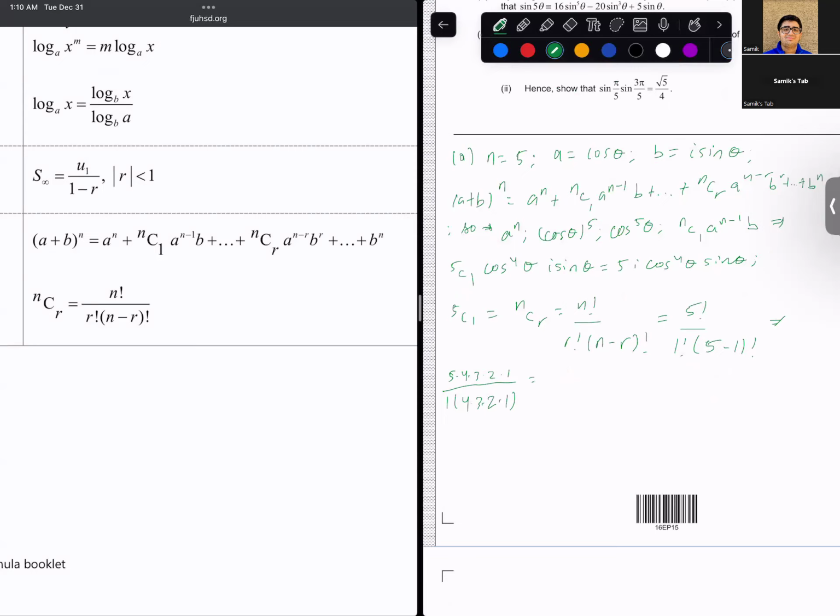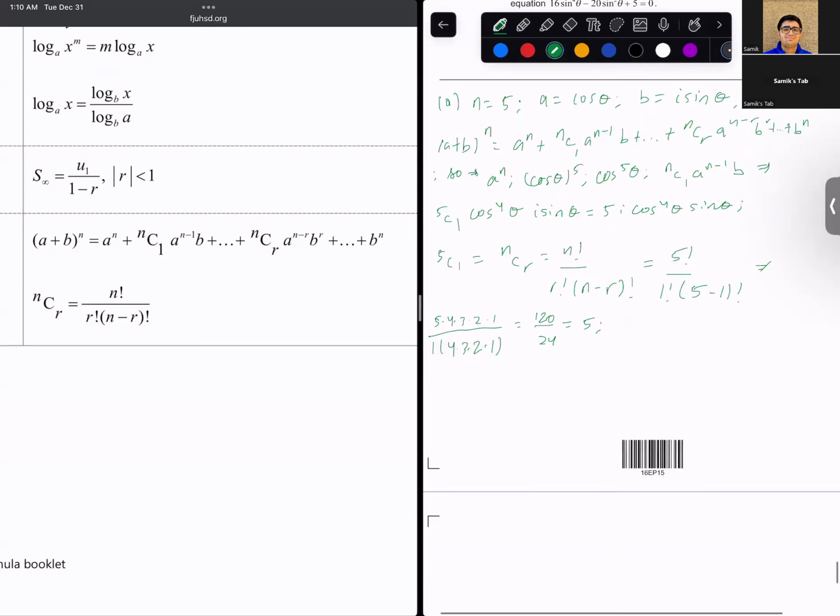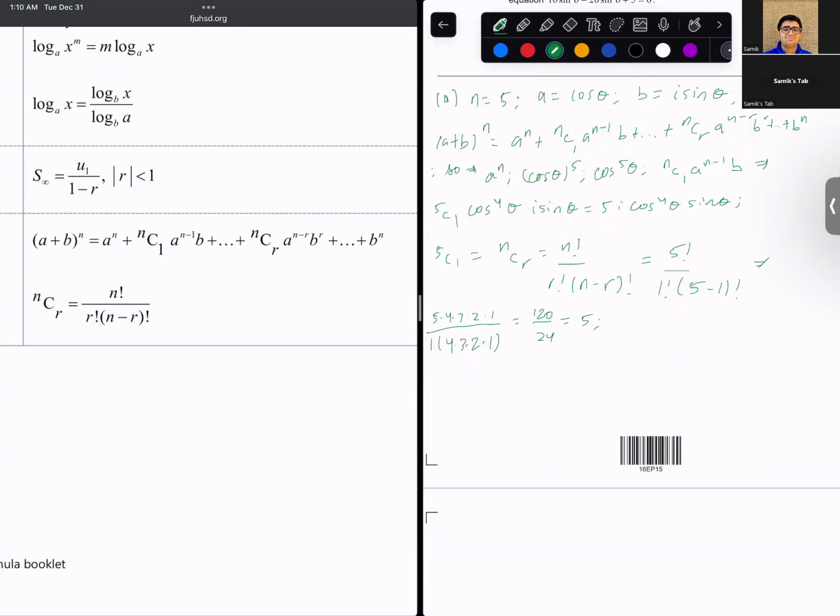So 120 divided by 24, that's 5. That's how you get the first term. The 5 comes from this. So now we can go on to the next term.